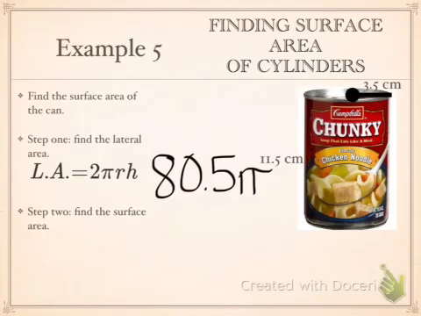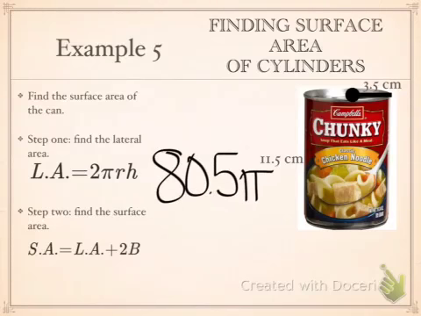And now we're going to go ahead and try to find our surface area. So here is our formula for surface area. We've got surface area equals our lateral area, which we already have right here. So let's go ahead and write that. So our lateral area is 80.5 pi.